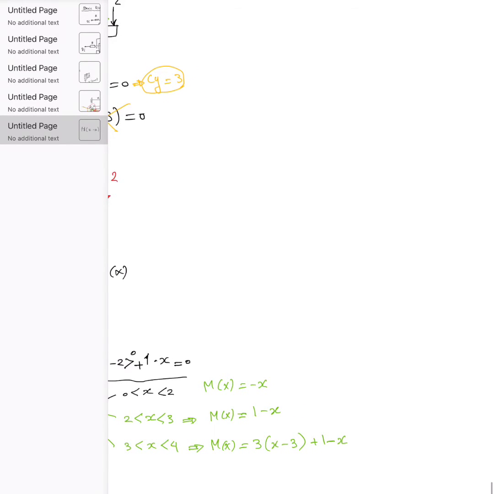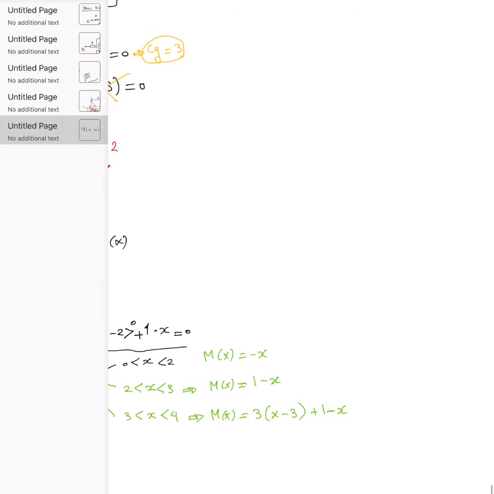Note that we always have that negative x in the equation. So if you simplify, 3x minus x is 2x, and then negative 9 plus 1 is negative 8. So this is the relation. All you do is plot these 3 relations.